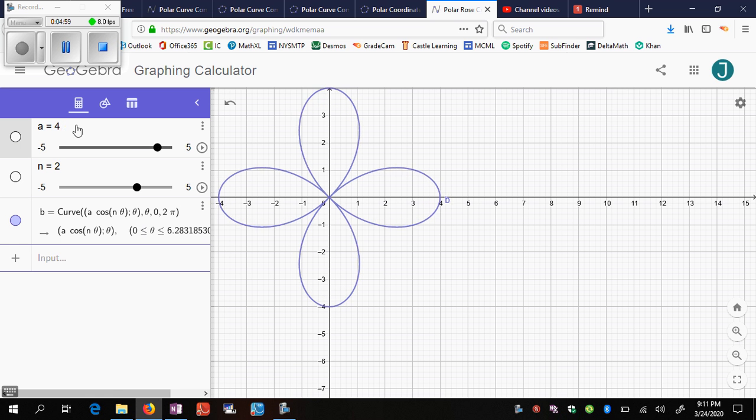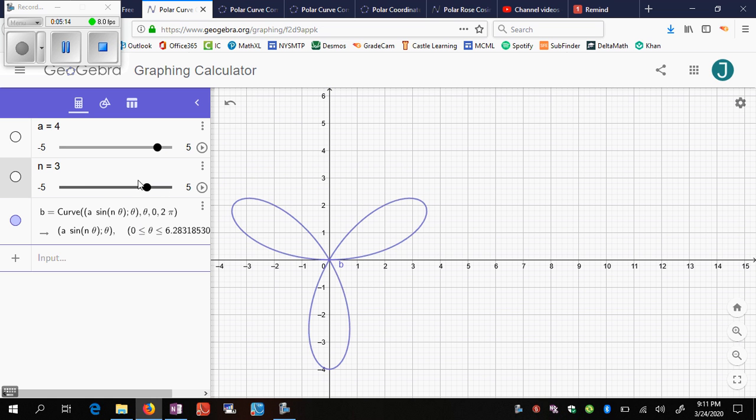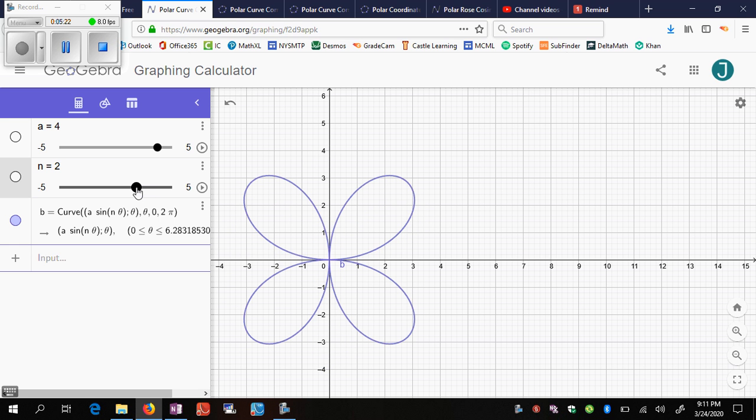So if I had 4 cosine 2 theta, you can see right here at 0, it's actually hitting 4. Whereas if I think about the sine polar rose, and if I do 4 sine 2 theta, there we go.